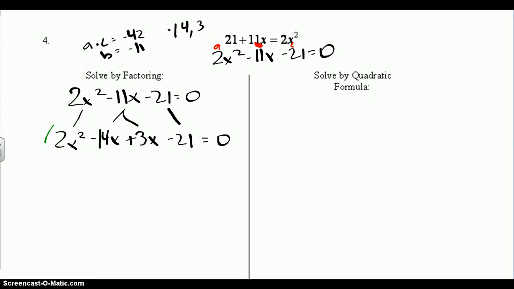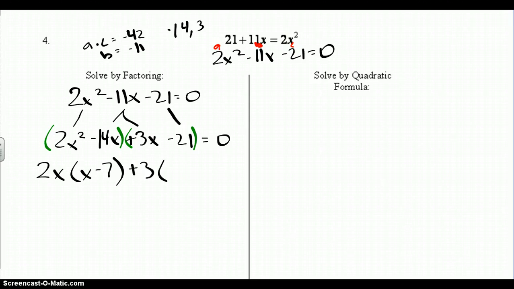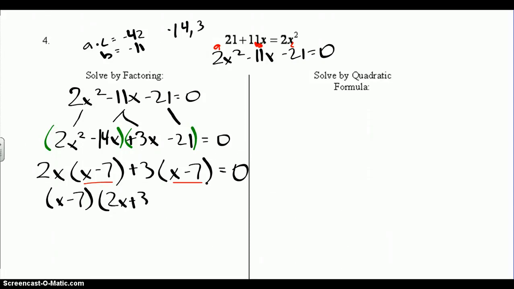I'm going to group the first two, group the second two, and pull out the GCF. So I have 2x times x minus 7. If I pull out the GCF here, it's going to be a 3, and you have x minus 7. Okay, now we know we're doing it correctly because we have the x minus 7 in parentheses. It's the same thing, so now I'm going to factor out that x minus 7, and I have 2x plus 3 left.